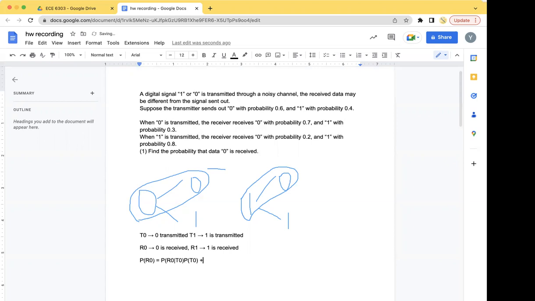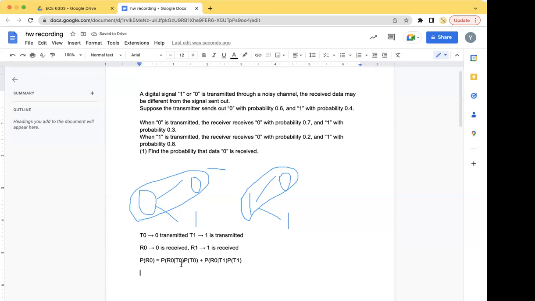And the second part is the second situation. That means R0 being received but R1 transmitted, such that we can calculate those numbers together.